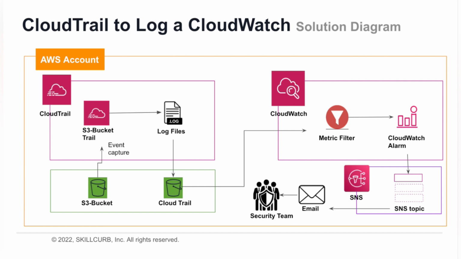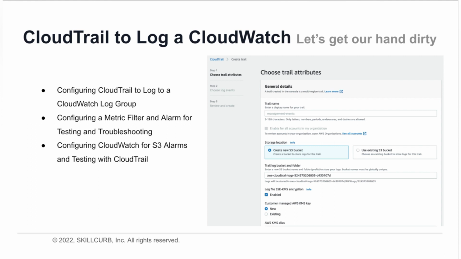And then we'll use an alarm, when one is found, to send an email to the security team. We are going to do the following in our lab session: configuring a CloudTrail to log to a CloudWatch log group, configuring a metric filter and alarm for testing and troubleshooting, configuring CloudWatch for S3 alarms and testing with CloudTrail.